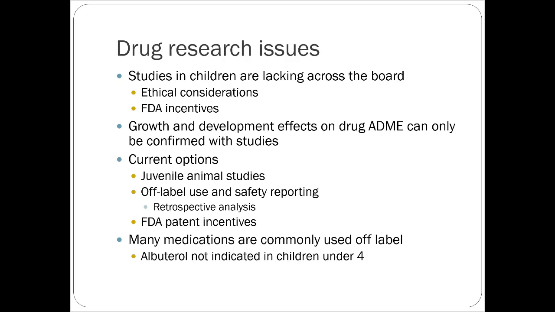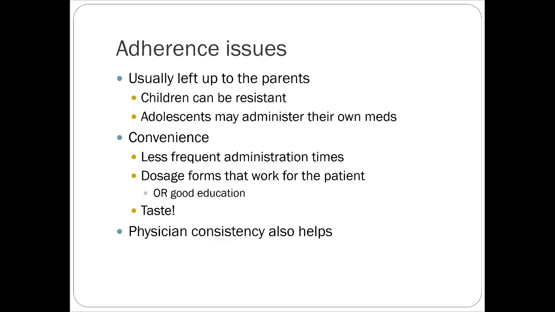So a lot of medications actually commonly are off-label. For example, albuterol is not indicated for children under 4 technically, but of course we use it for kids all the time. So take it with a grain of salt if you're reading it and it says, for patients over the age of 8, well, what if I want to use it in a 7-year-old? Well, probably can.